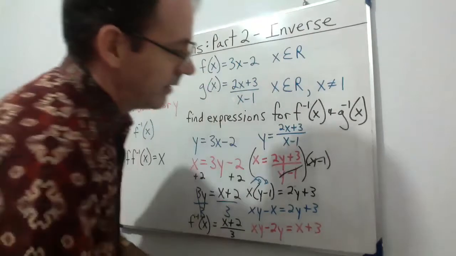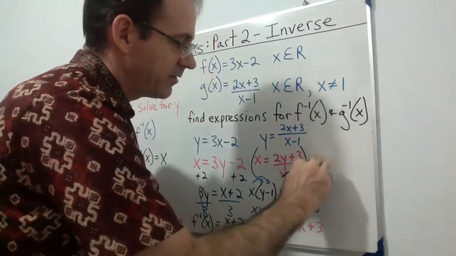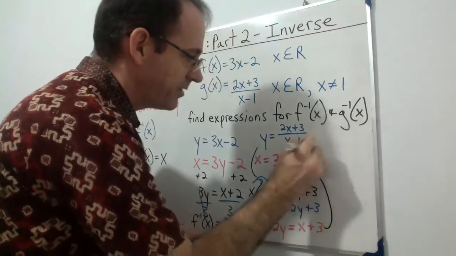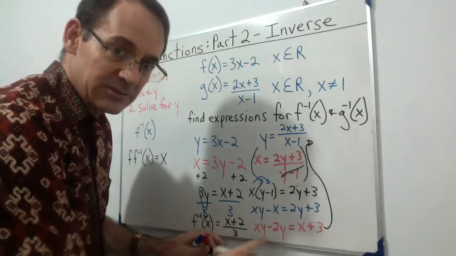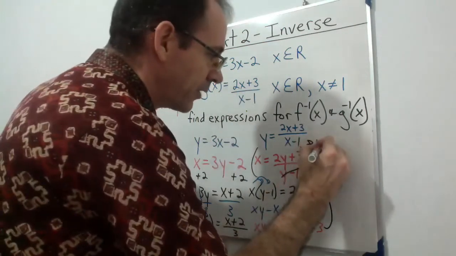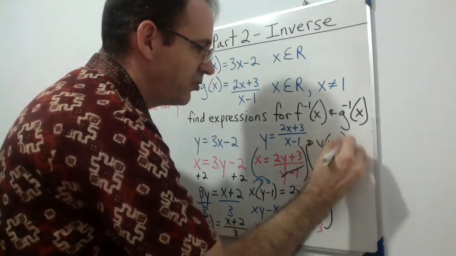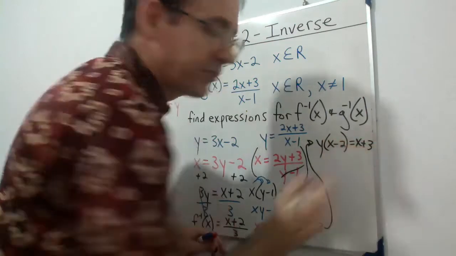Now, I'm going to just erase this little bit so we have some room over here. It's a little tight, but I think we can get it in. We're going to bring this up to here. And what we want to do is factor the y out. Since it's common to those terms, we're going to factor it out. That leaves us with y times (x minus 2) equals x plus 3.